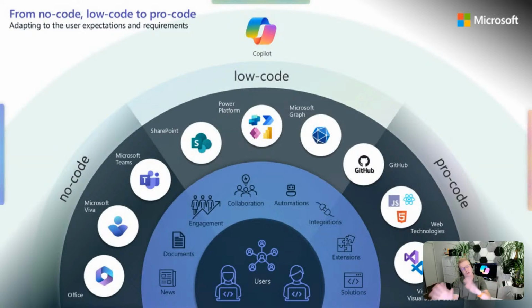And then, of course, not forgetting about the pro-code side as well. First of all, there's a lot of partner offerings within the app stores and within the specific stores, for example, in Team Store, Copilot Store, and SharePoint Store, where you can actually find extensibility to take into use. But then we have a lot of customers and partners who are building also in-house development or as a consulting or system integrator and development capabilities for customers.